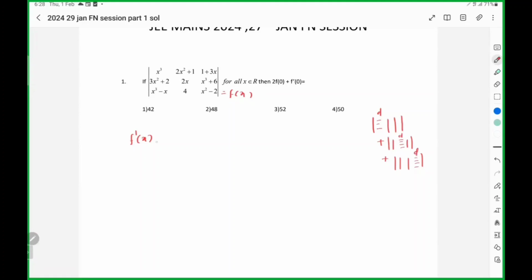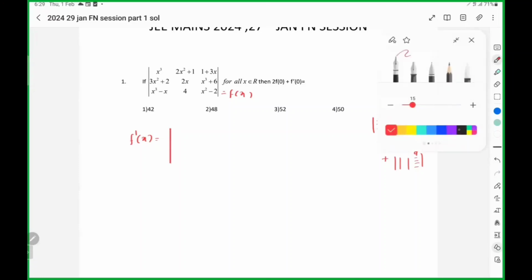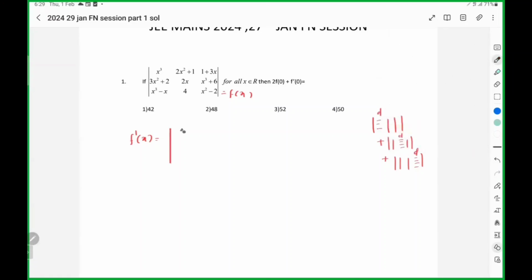So here f dash x will be: here it is x cube, if you differentiate, 3x square; 6x plus 0; 3x square minus 1. After that we substitute 0. Remaining places 0.